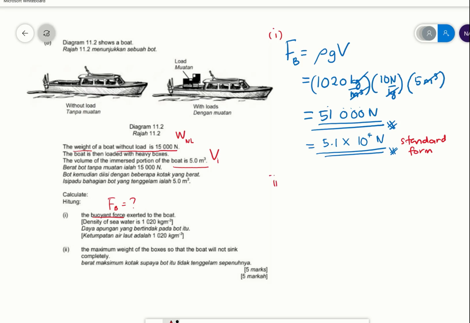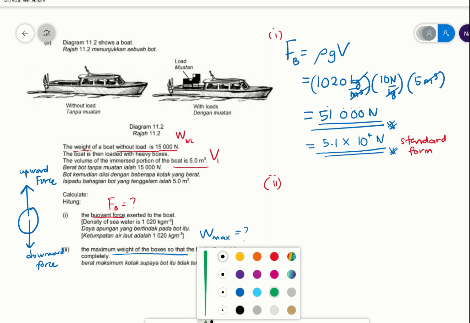Let's look at question number 2. What's the maximum weight of the boxes? What is W max? We can recall, this is a floating object. For a floating object, it is in equilibrium, so the upward force is equal to the downward force. What are the upward force and the downward forces?